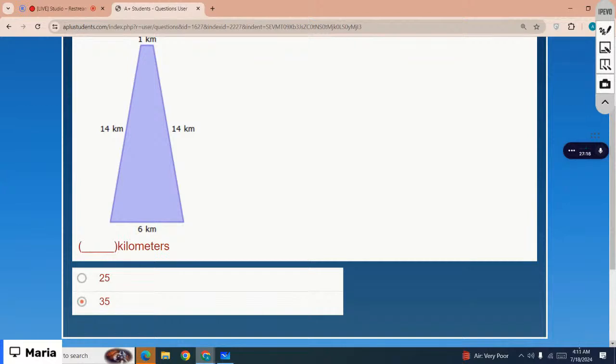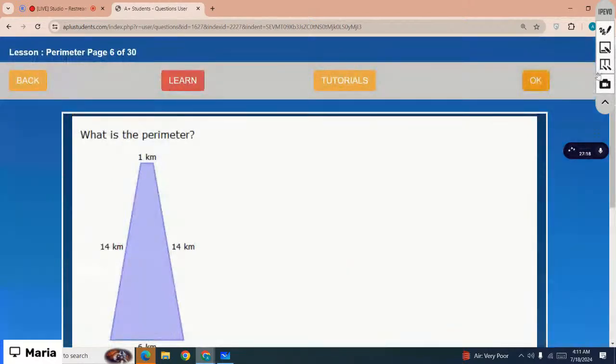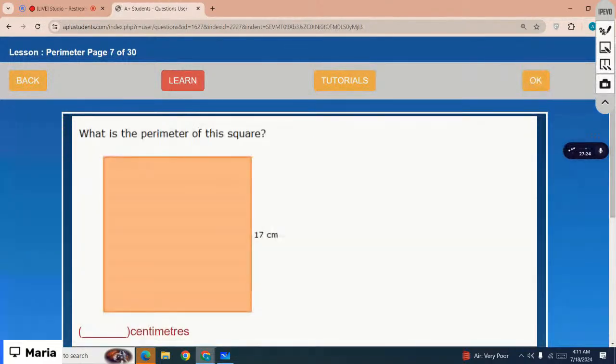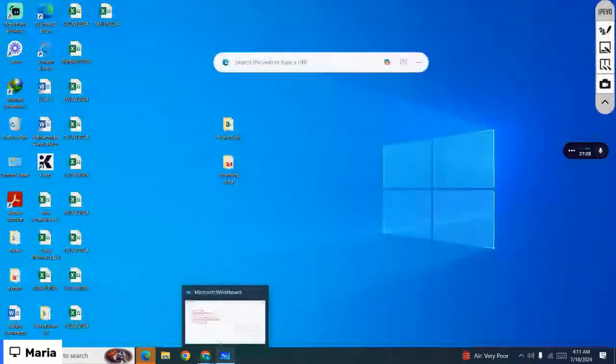It is option number the correct option, right? Okay, what is the perimeter of the square? So, which is the correct option?